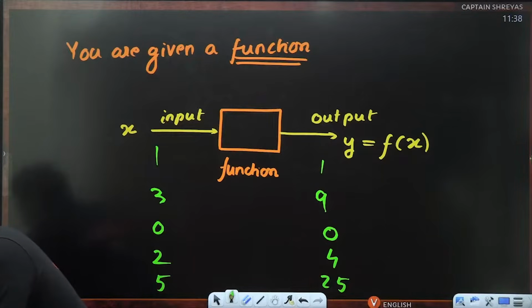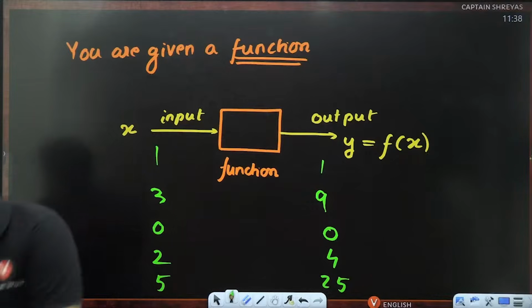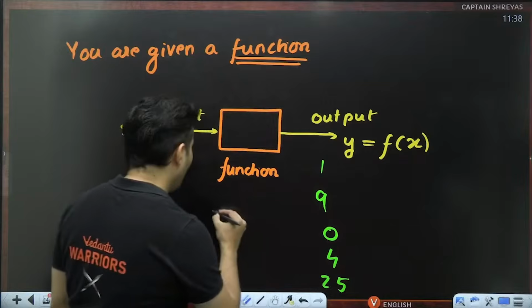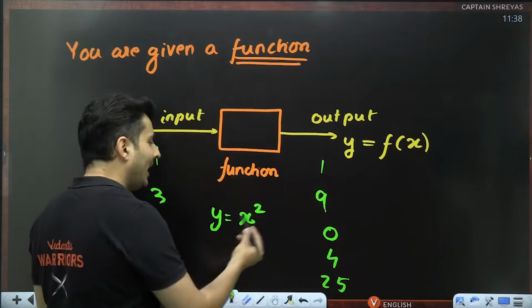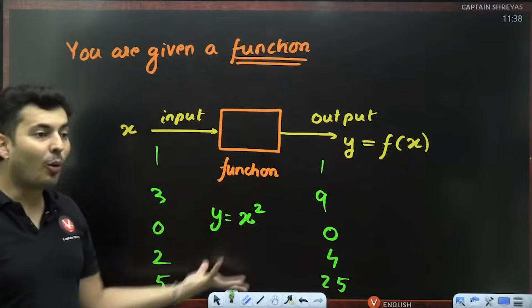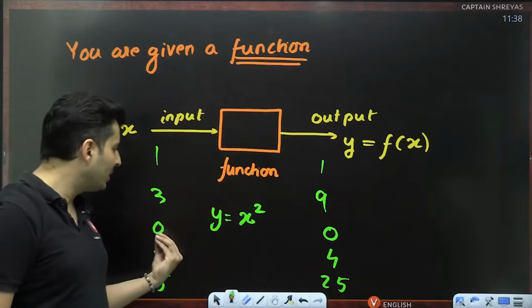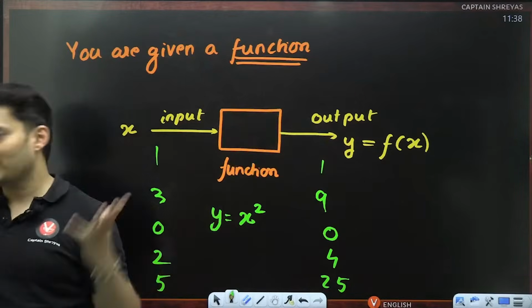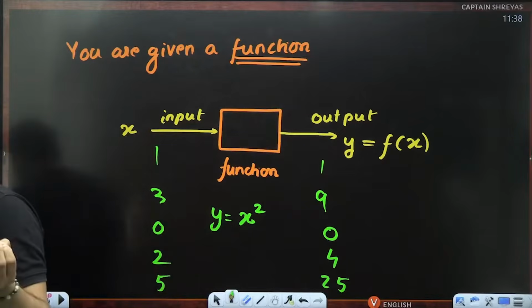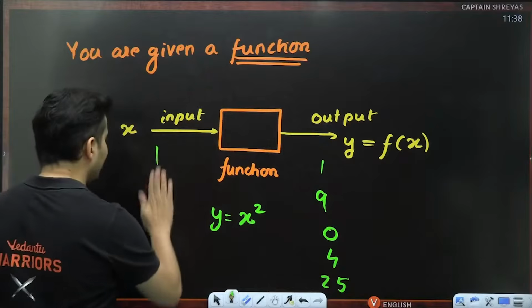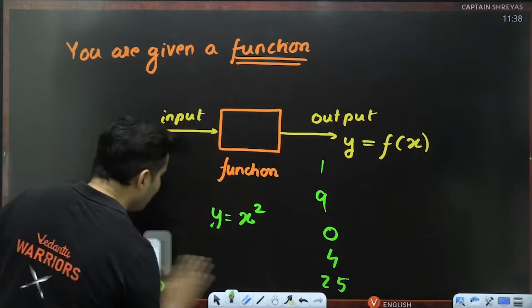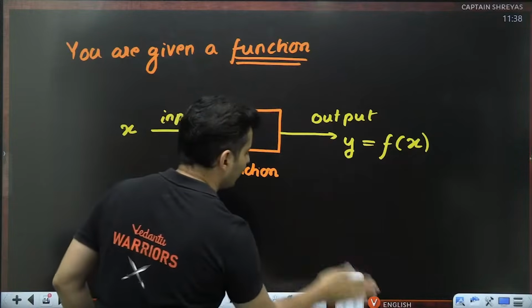Yep, it is a square function. So my y is just x square. Squaring is that function, because whatever number you give, it is squaring it and giving it. So that is that magical box. Exactly. So that is the meaning of any function.